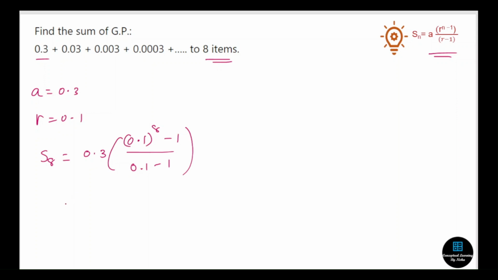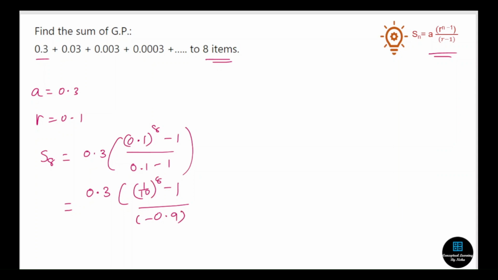And on simplifying this, what do we get? 0.3 into 0.1 to the power 8, I can write as 1 over 10 to the power 8, minus 1, upon, this gives me minus 0.9.